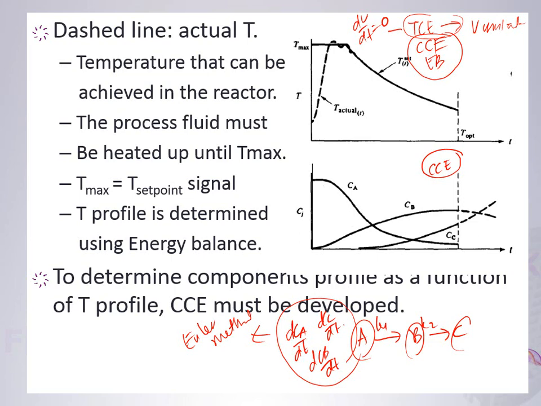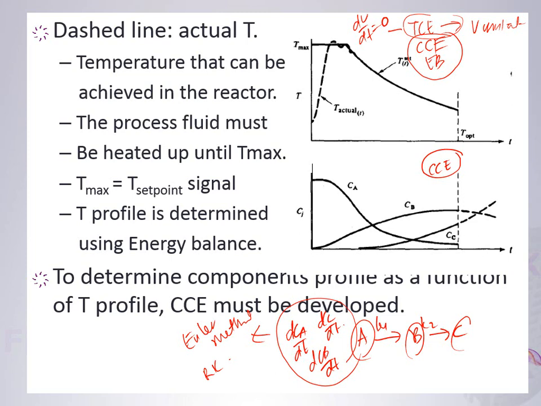That's the start of the operation. Then at t equals 20 minutes, because this is liquid, it takes us a longer time to proceed, what happens to your CA, CB and CC? You can use the Euler method or the Runge-Kutta method.